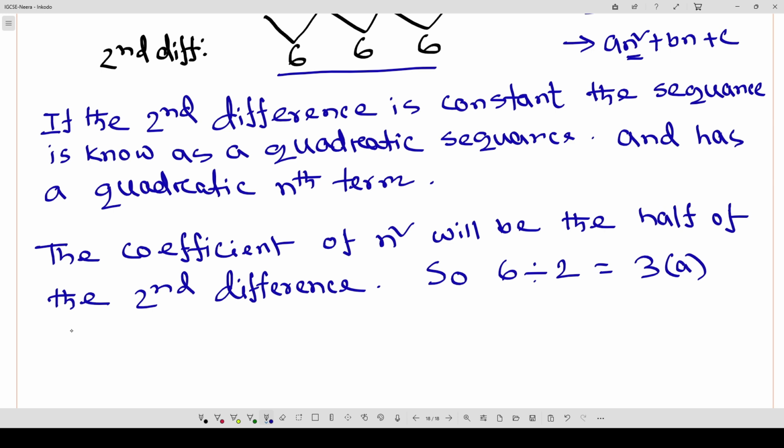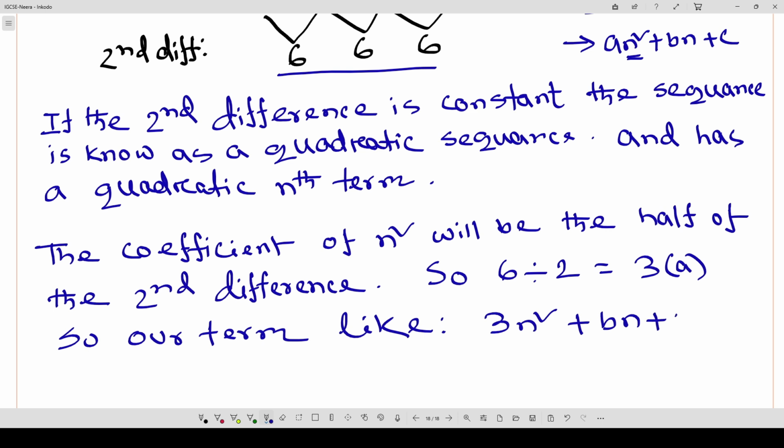Okay, so our term looks like 3n squared plus bn plus c, and our target is to find out this bn plus c. Okay, 3n squared we already have. Now what can we do?